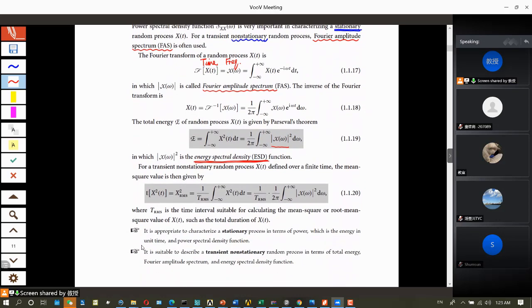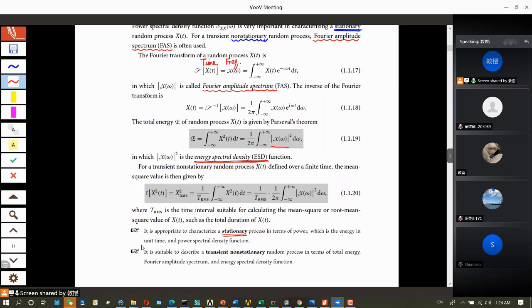Okay, let's look at the footnote first. It is appropriate to characterize a stationary process in terms of power, which is the energy in unit time, and power spectral density function.